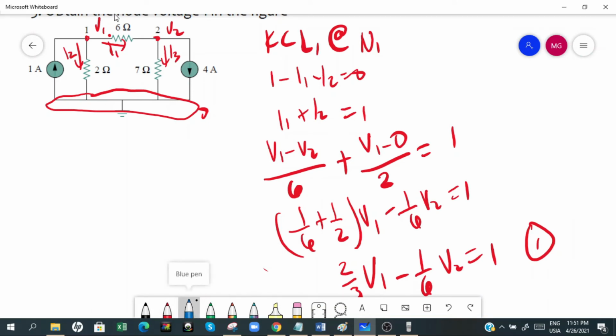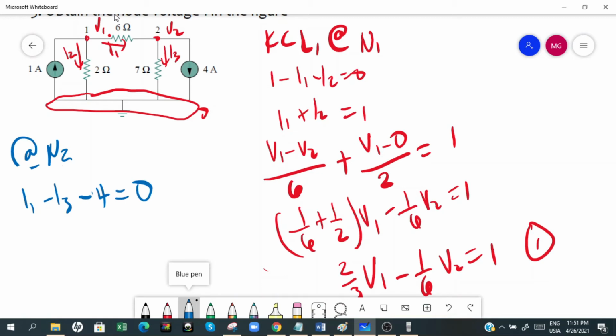Now here, going through this one, what's coming in is I1 at node 2. So what's coming in is I1. Going out are I3, and 4 amperes. Okay, so I'll just erase this first. So I1 going in, I3 going out, 4 amperes going out.